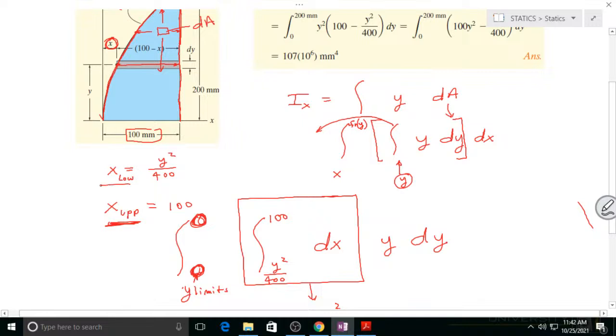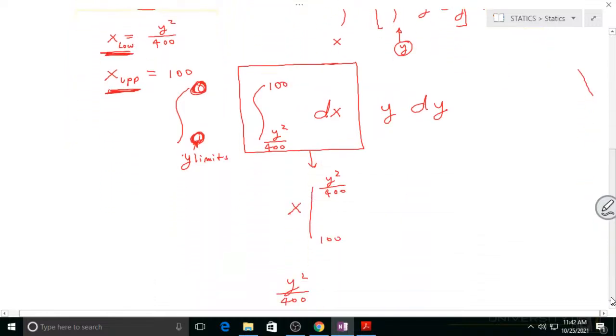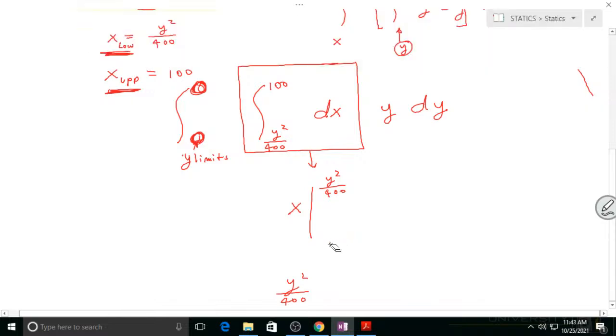Upper limit, lower limit. Fix that. All it does is swap the sign. So you get 100 minus this.